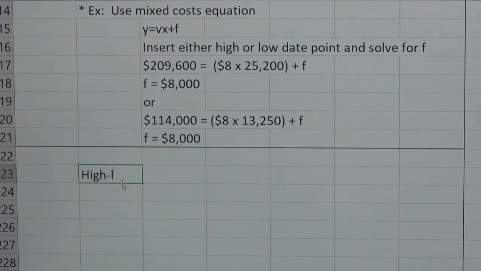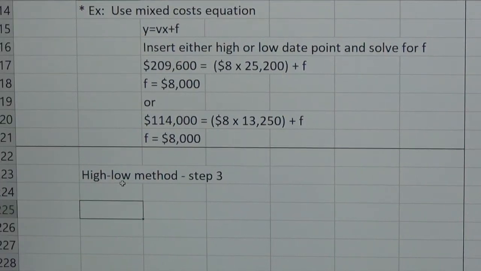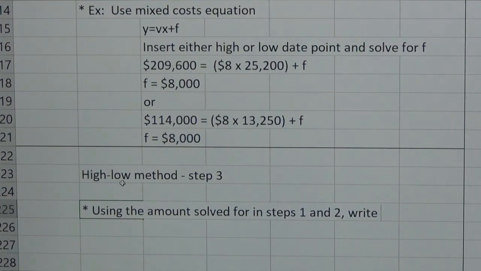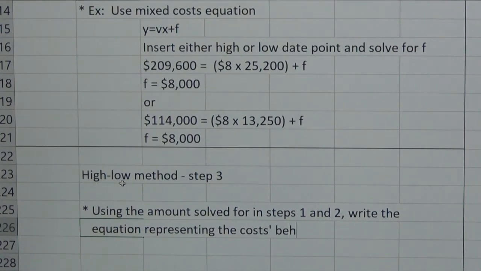So this is the high-low method, step 3. From here, using the amounts solved for in steps 1 and 2, write the equation representing the cost behavior.